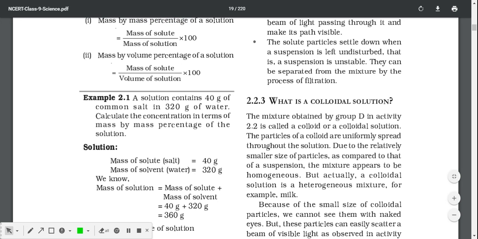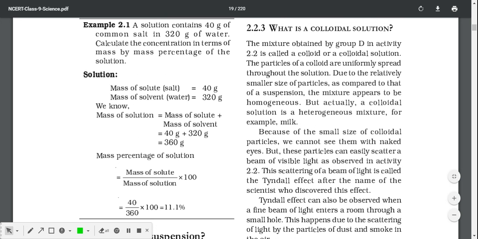So basically we have to know mass of solute upon mass of solution. To get the mass of solute, you can see here it's given 40 gram of common salt. Common salt is solute over here and water is solvent over here, and to get the total mass of solution, you have to add both these things. So 40 plus 320, that is 360 gram, right?